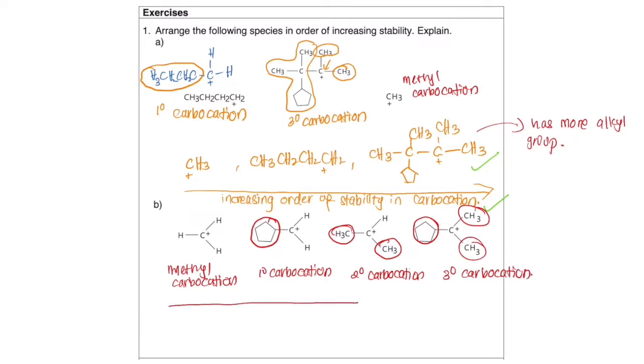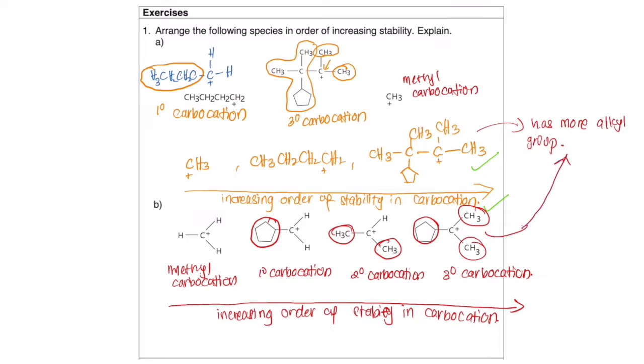So ini semua sama jugalah dia punya increasing order of stability in carbocation. So what is the reason? Same thing, because this one has more alkyl group. Okay, now we're done with this. Let's see the next one.